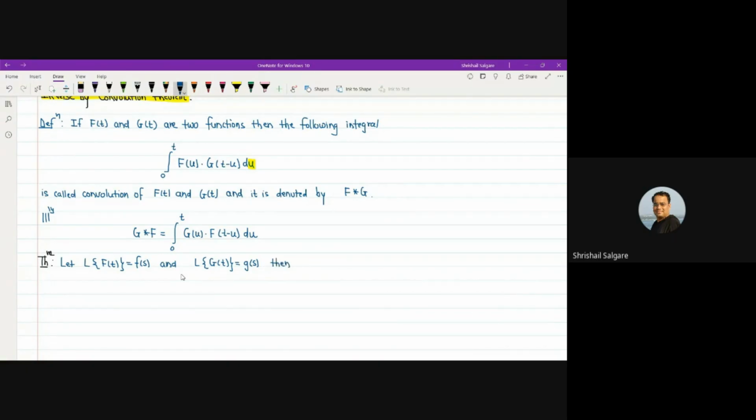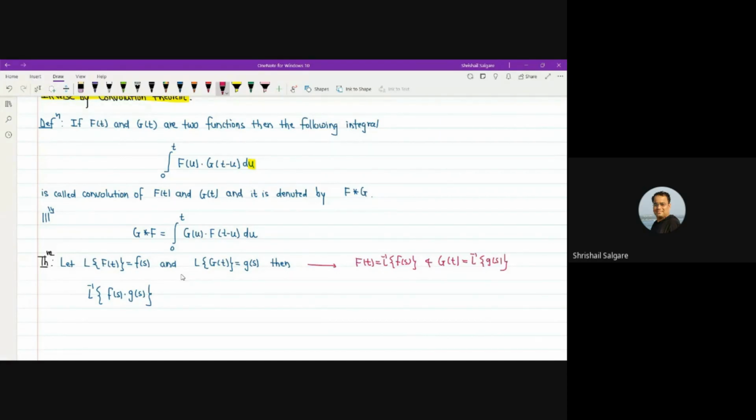Then suppose we have to find the inverse Laplace transform of the product f of s into g of s. The same statement: f of t is L inverse of f of s, and g of t is given as L inverse of g of s.